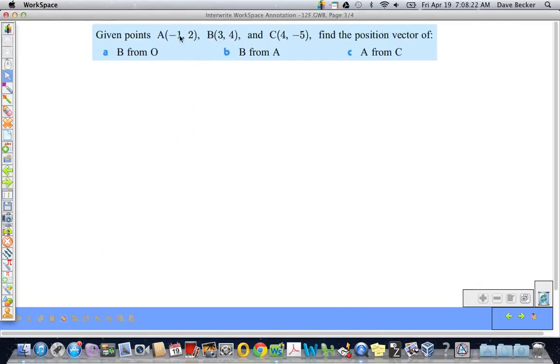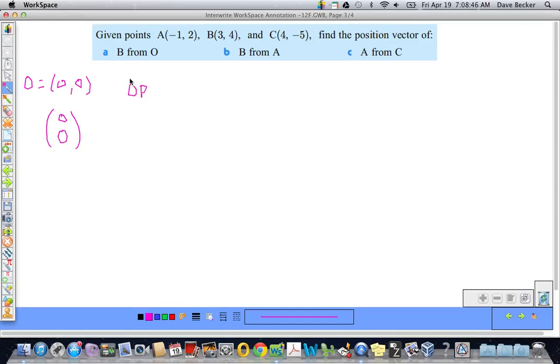So if I'm given these points, find the position vector of B from O. Whenever you see O, that is the origin. And of course, the origin has coordinate 0, 0, which means it has a vector, the zero vector, 0, 0. So B from O is vector OB, right?